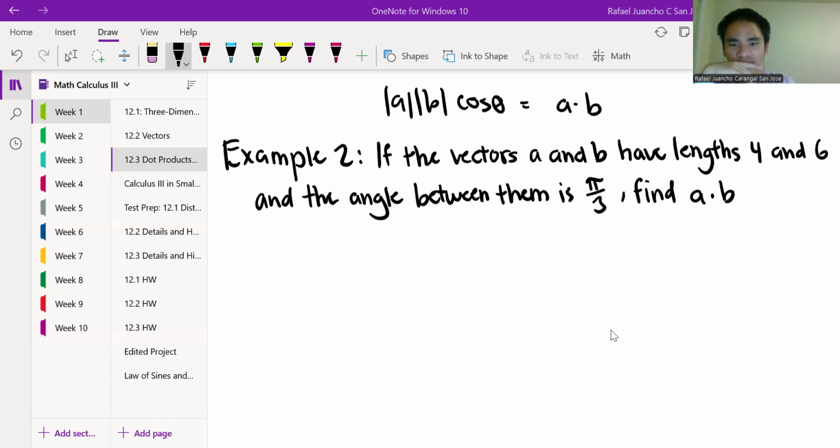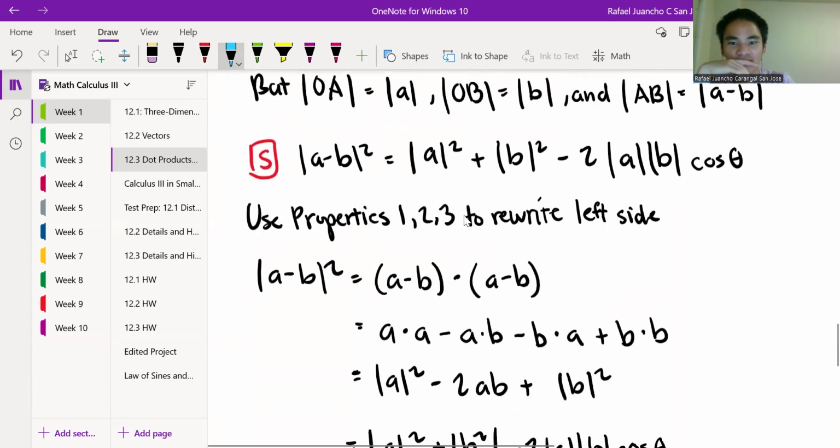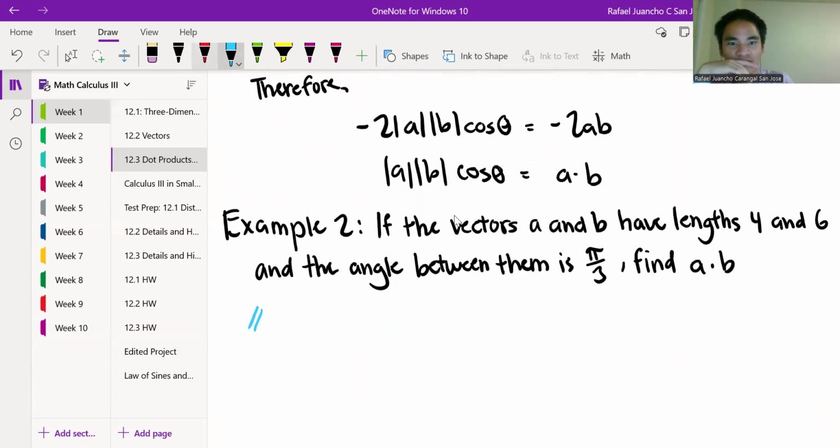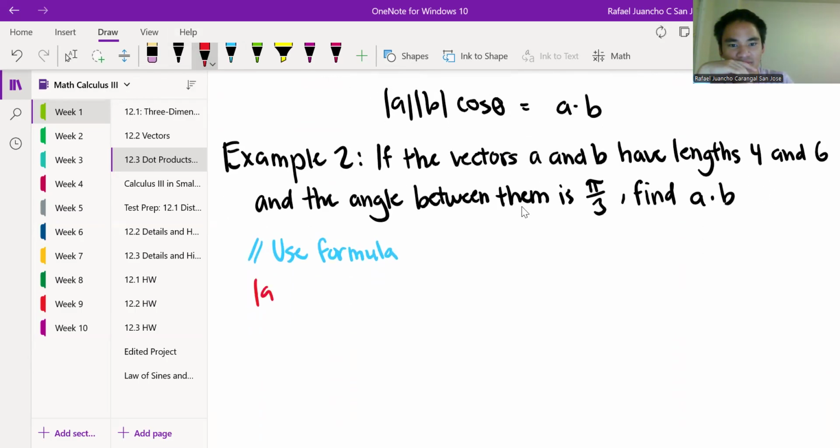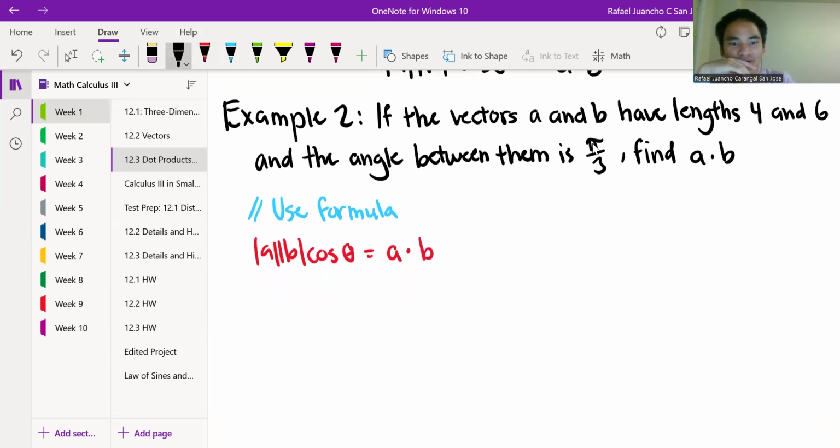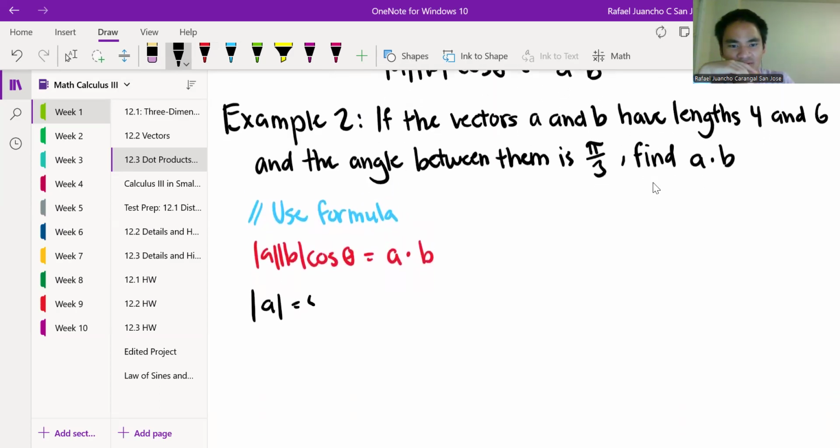So we can actually use something that we solved earlier. So we can actually use this. So we basically just use a formula that we had. Right? So we use this thing, since we want to find A times B. We're given that the length of A is 4 and the length of B is 6.